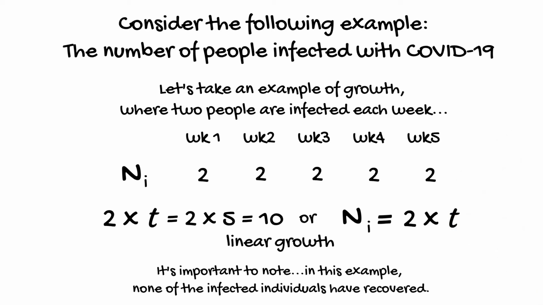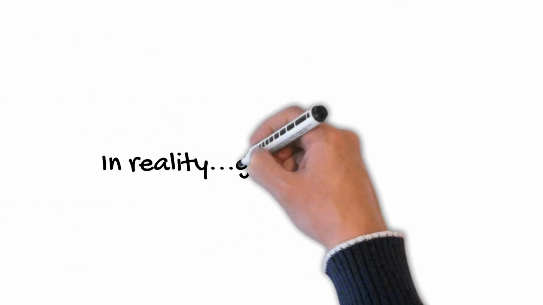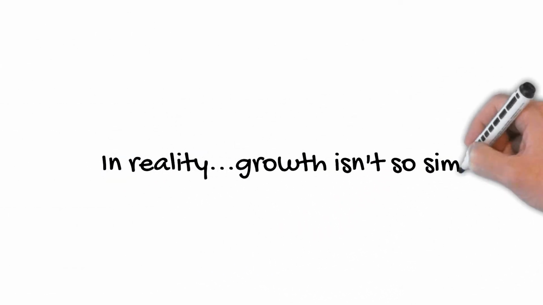So Ni is 2 times T, and as T increases, Ni increases by 2 times T, so it would be essentially a straight line. N equals 2 times T, assuming 0 at the beginning, and so if you go 10 weeks, it would be 20. Very simple growth.